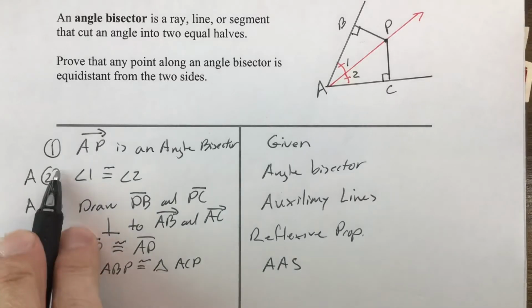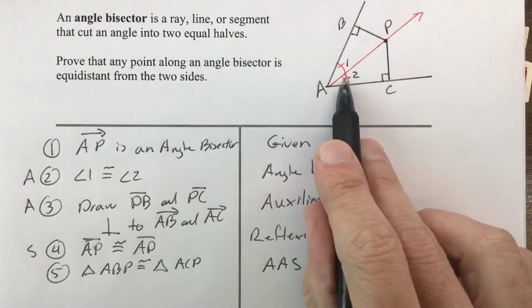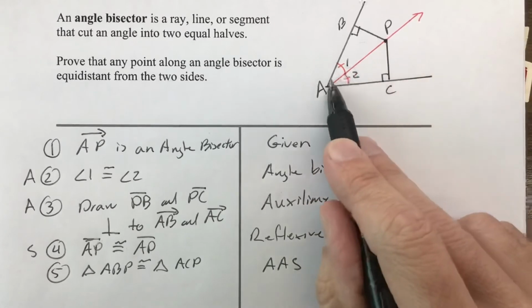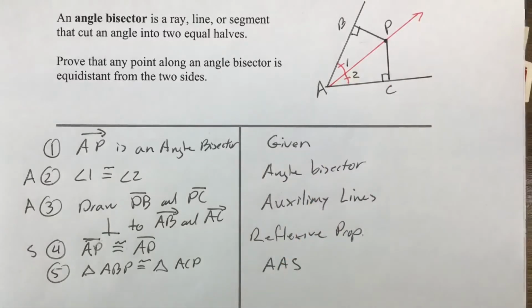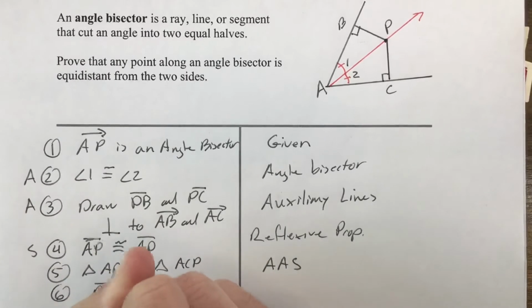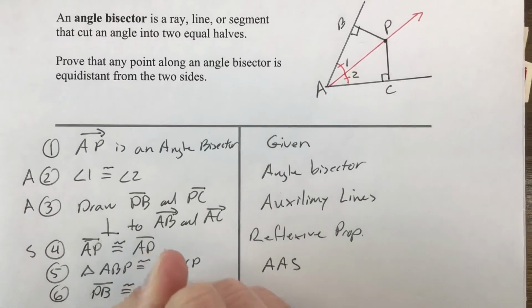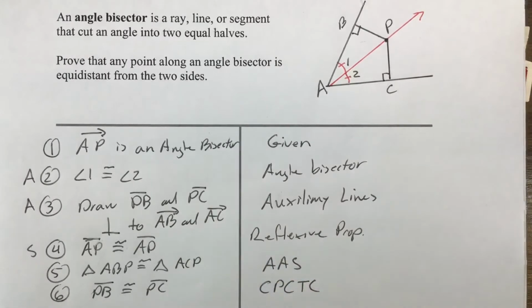These are actually backwards. The angles that we'd be looking at would be the right angle, that would be the angle bisector angles, and then the side, which we would have, but it does create the shortcut angle, angle, side. Step 6, we can say PB is congruent to PC because of corresponding parts of congruent triangles.